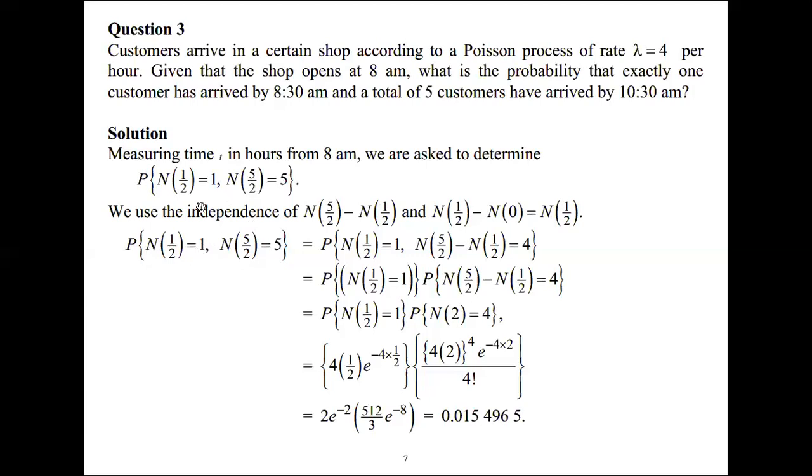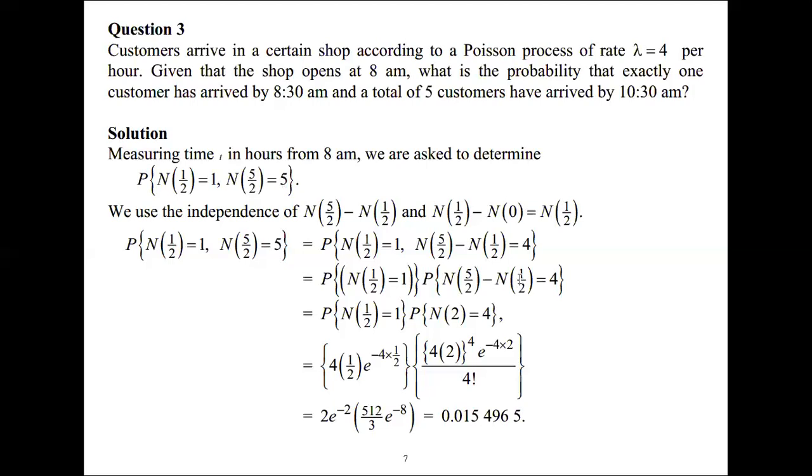So this probability is the same as the probability that only one event occurs from 0 to 0.5, and from 0.5 to 2.5, how many events occur? It will be 5 minus 1, so 4 events. As at the first point there is only one event and at the second there are 5 events, in between the two time frames there will be 4 events.